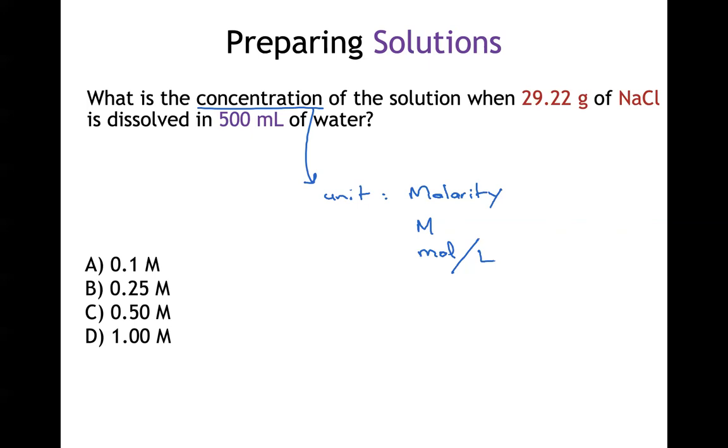Yeah. The sodium chloride is dissolved in something. It's dissolved in water. So water is our solvent, right? And sodium chloride is our solute, right? And what we have is moles of solute over liters of solution.